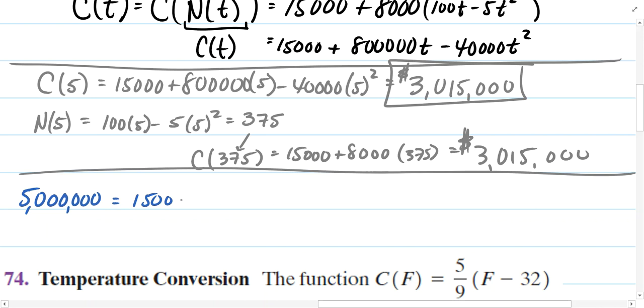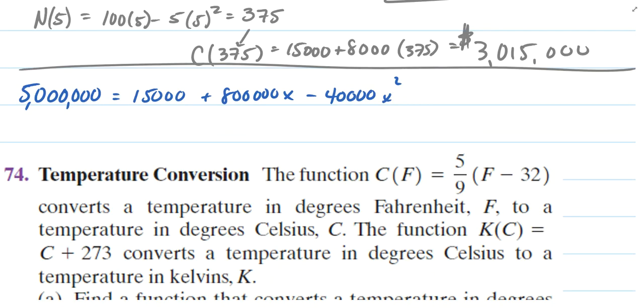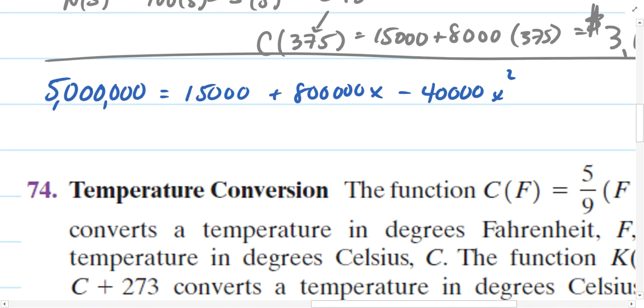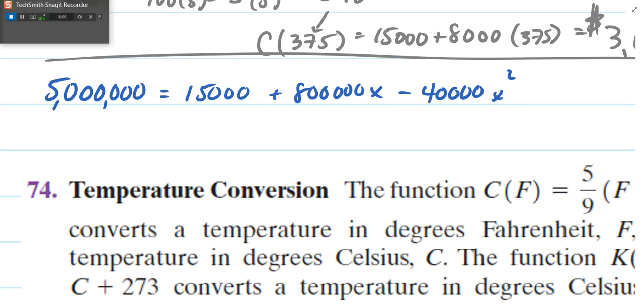Well, 15,000 plus 800,000 times x minus 40,000 times x squared produces an equation that we would then be able to solve. And actually, that's a bad example here because what we would be looking for is when does this function reach the cost of $5 million?